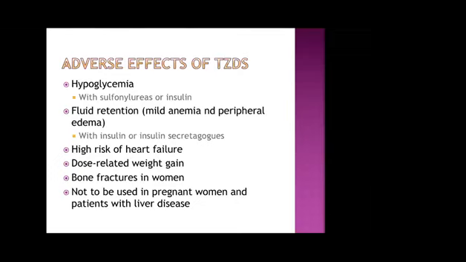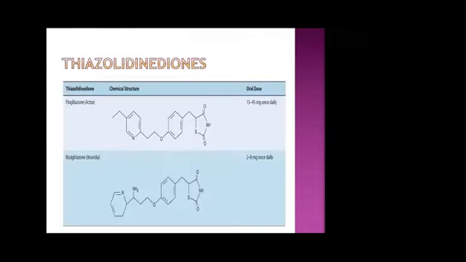That is heart failure. Now, dito nagkakaroon ng distinction ang dalawang examples. Take note that between pioglitazone and rosiglitazone, higher cardiovascular risk is observed with the use of rosiglitazone.